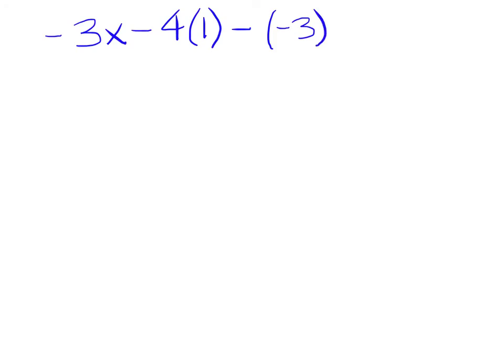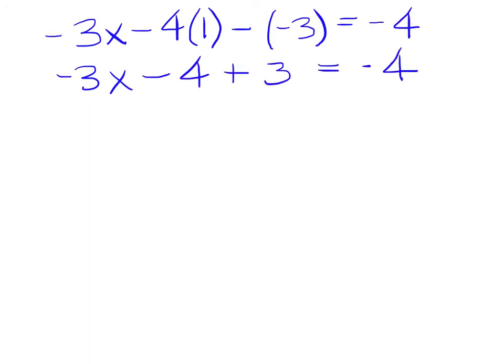So on the top equation you'll have a negative 3x and then minus 4 times 1, which we found for y, and then minus the negative 3 that we found for z. And all of this is equal to a negative 4. So simplify it to get negative 3x minus 4 plus 3 equals negative 4.